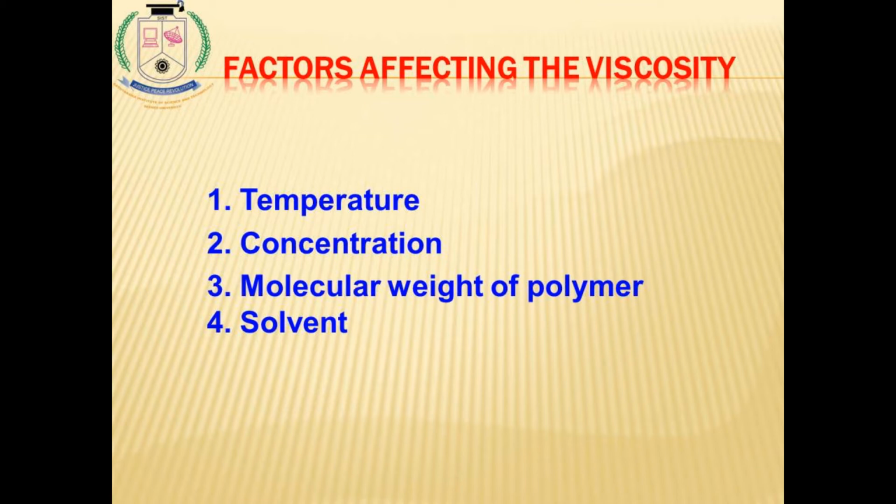We are going to test the effect of concentration on viscosity, and we maintain constant molecular weight of the polymer throughout the experiment, but we vary the concentration. The solvent used in the present system is water. These are the four factors which affect the viscosity of polyvinyl alcohol.